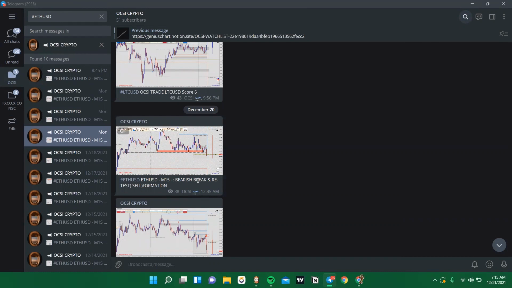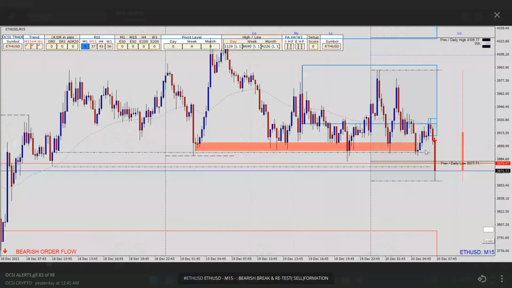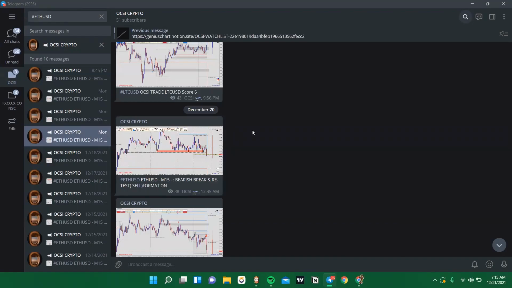I'm programmed to find break and retest. So if Oxy's programmed to find break and retest near good support zones, near good resistance zones, near good supply and demand zones, if it tells you, then it's best if you do your homework, right?